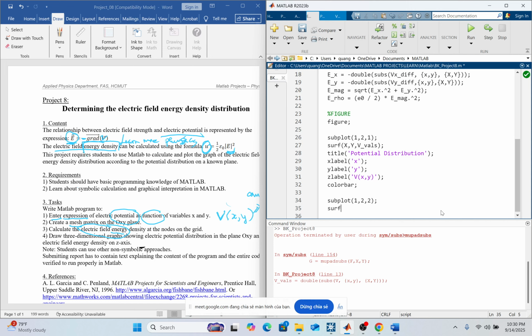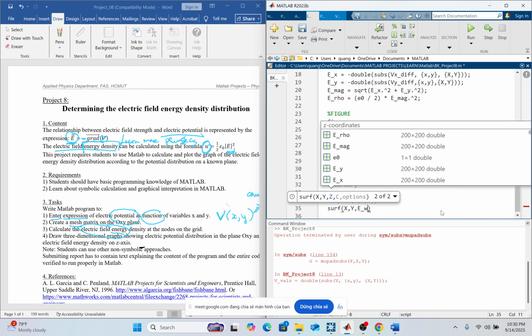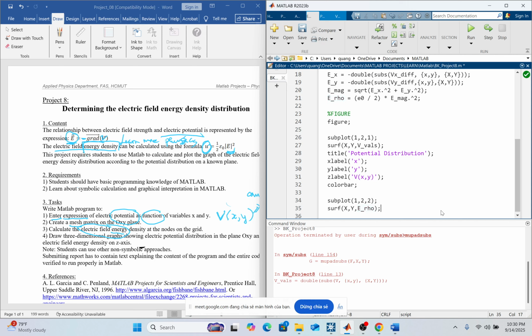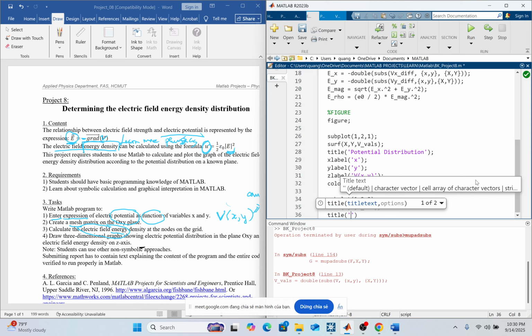I will have the same x and y set points, and I will input the E rho. E rho is now the energy density value. And I'll title it. I'll say this is energy distribution.